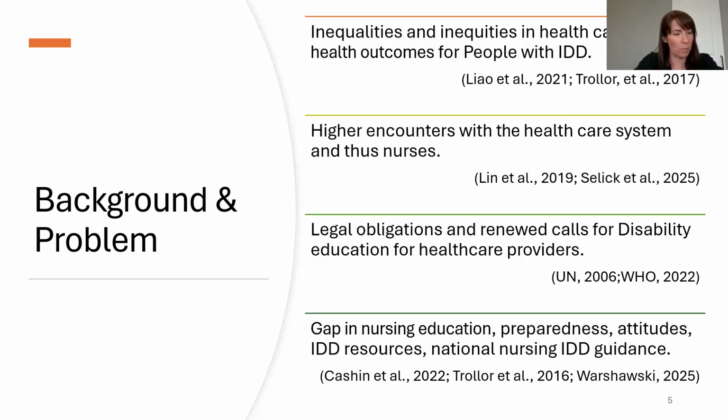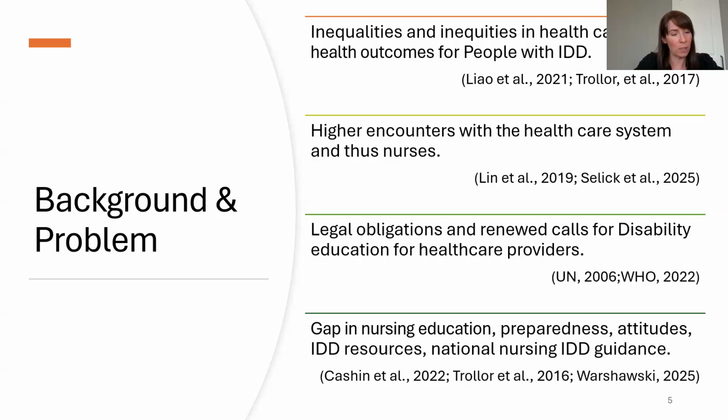Some examples of Ontario research. A large Ontario cohort study by Lin et al. found a higher prevalence of 30-day repeat emergency department visits, 30-day repeat hospitalizations, alternate level of care days, and long-term care days experienced by folks with IDD compared to their counterparts without.